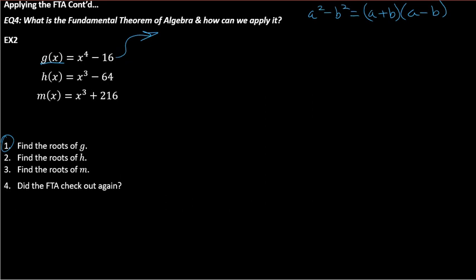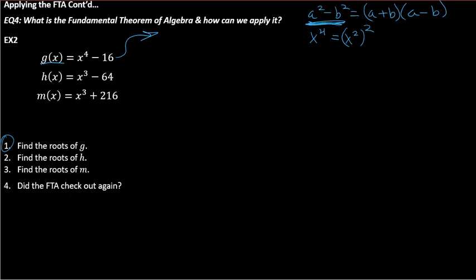So if I say that x to the fourth is also equal to x squared squared, by the power rule, I can go ahead and use the difference of squares formula here. Or you can use what's called substitution. I was going to show you that, but now I think we're better off just leaving it like this.